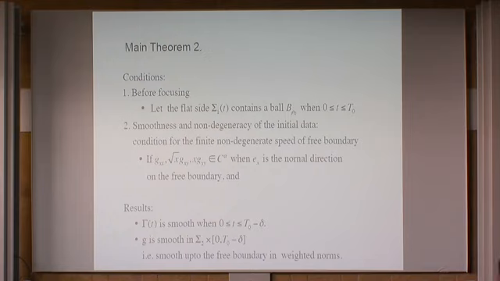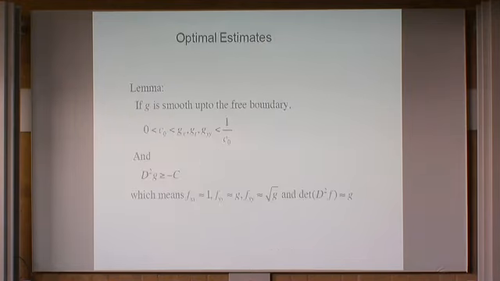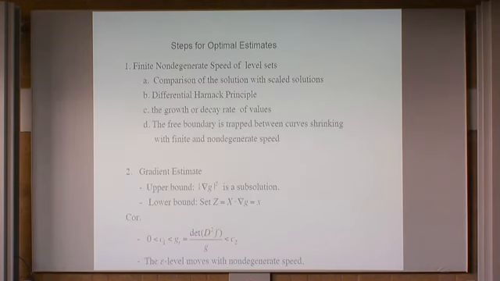Then the free boundary will be smooth, and the surface is smooth up to the free boundary. That's the result. And basically the question is getting all of the optimal regularity of each quantity.